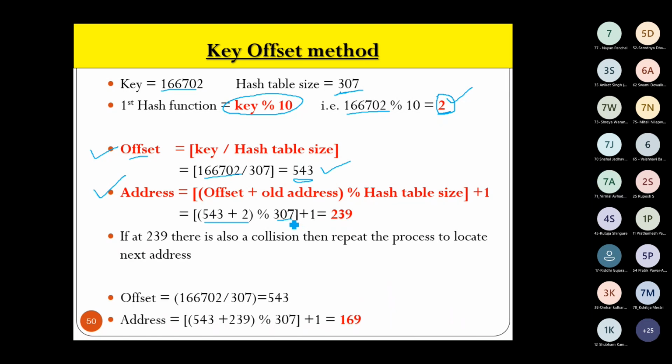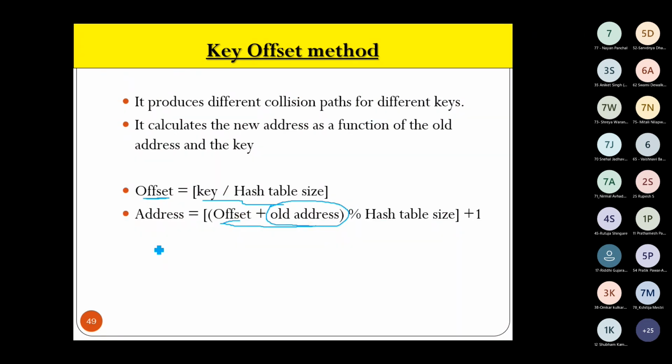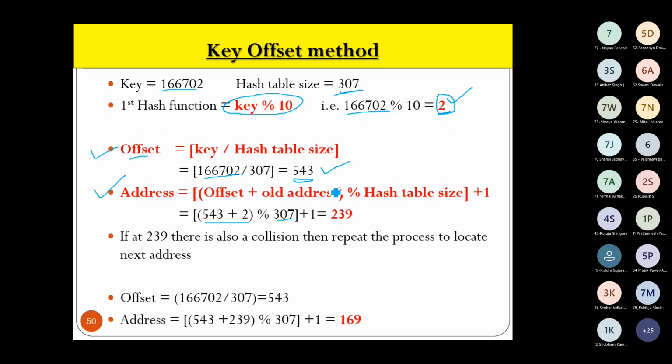So what result did we get after the mod? 238 plus 1, because it is given here. So address, how to find out the address? It is equal to offset plus old address mod size plus 1. So offset is 543 plus 2 is 545. Mod 307 will be 238 plus 1 is 239. Right? So this address we have got.